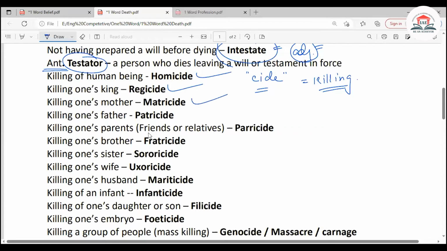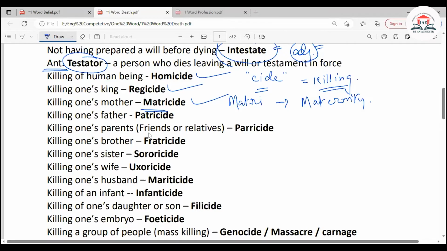Next, matricide. We have matri, M-A-T-R-I. The word comes from mater. Like we have maternal uncle. We say the people on the mother's side, the maternal uncle and aunt, so this is maternal, maternity.